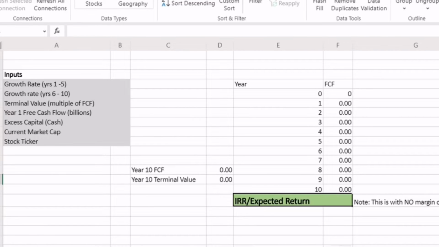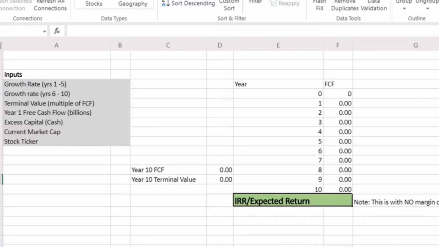So in the discounted cash flow video where we calculate intrinsic value, basically what we do is we look at what are the expected cash flows over a certain period of time, in this case 10 years, that we're expecting to get out of a particular business. And in this example, we're going to use Apple, just like we did in the previous video.